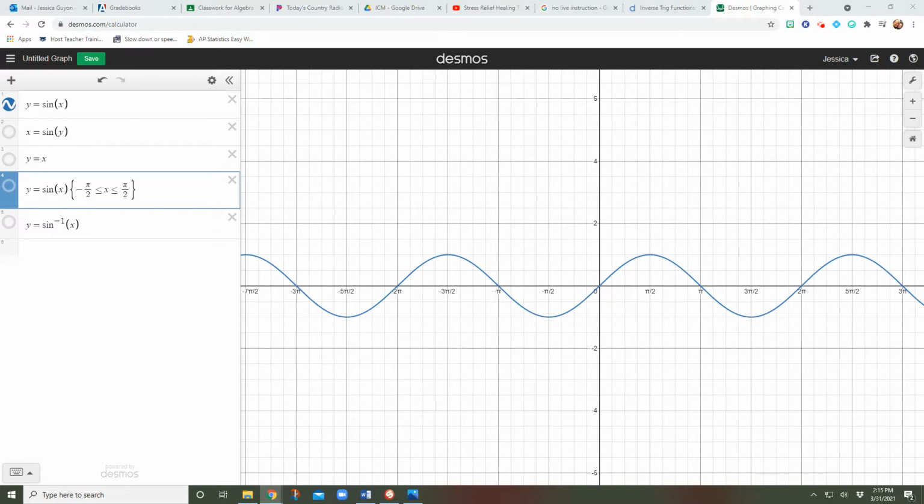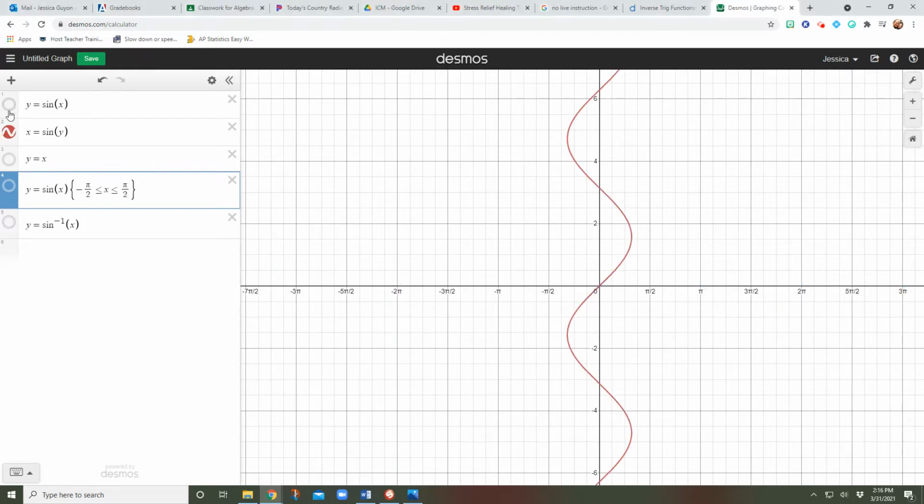So with the case of y is equal to sine of x, this is definitely a function, and the reason it is a function is because for every input, there is exactly one output. If we draw a vertical line anywhere in our graph of y is equal to sine of x, then we have the line touching only in one place. So that tells us there is only one output.